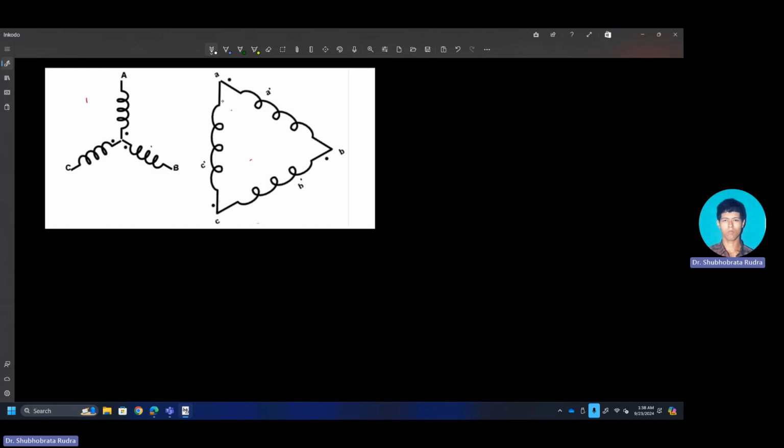See, in this problem nothing is mentioned, but it may happen that the per phase impedance of the induction motor is given, and you have been asked to find out the current drawn by the induction motor. So let me show you how things work here.